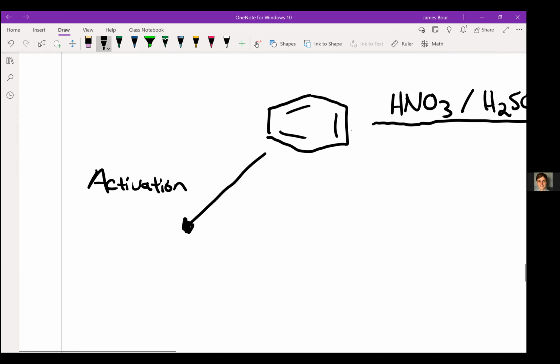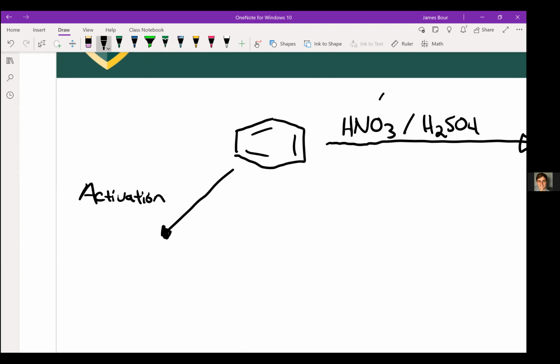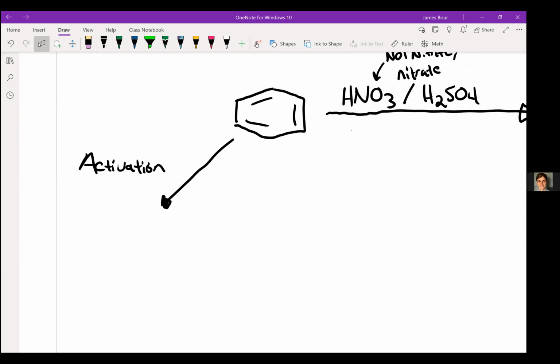Well, this reaction up here starts with HNO3. This is not nitrite. It's nitrate. But the general concept is the same. We activate our nitric acid, which looks like this.